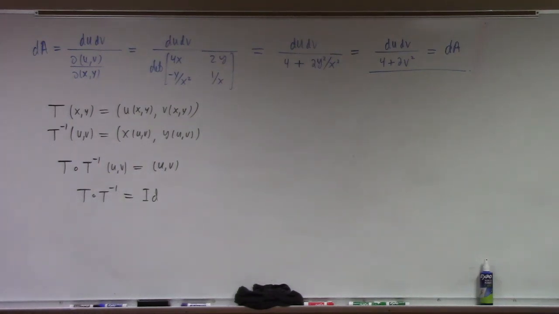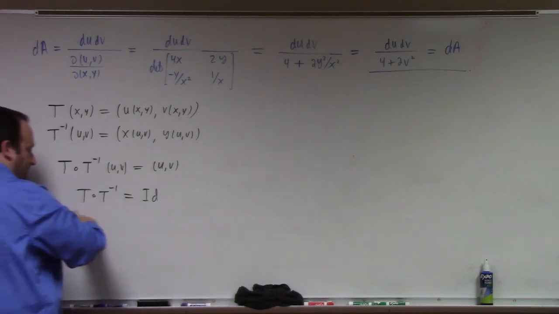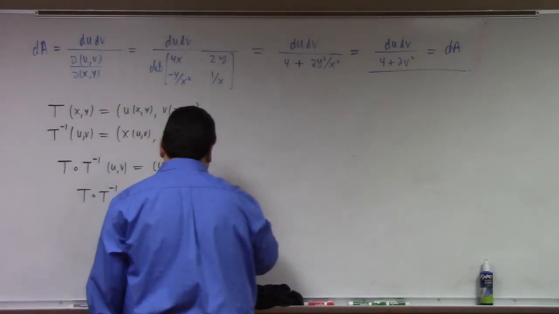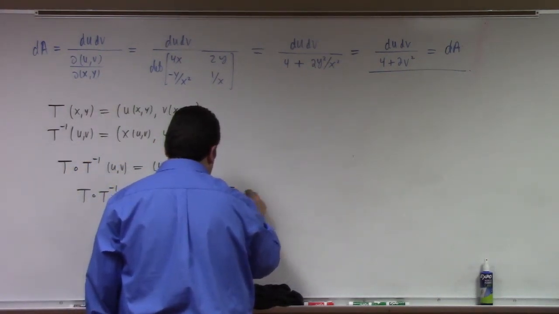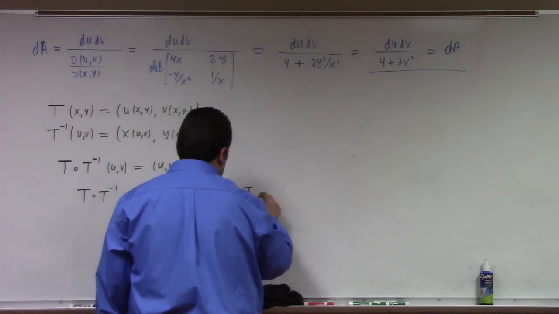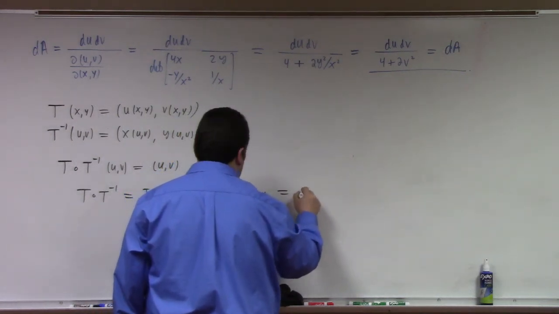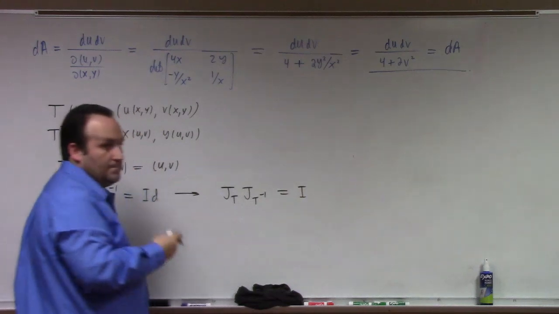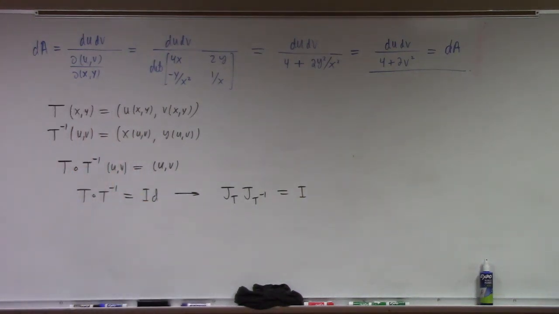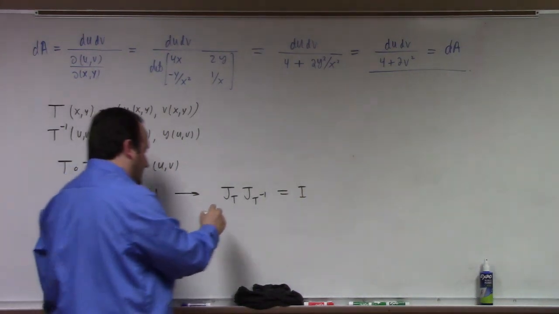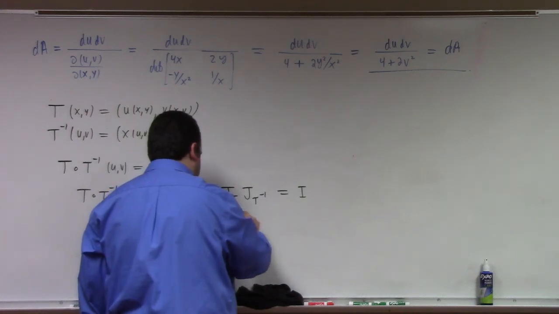If you take advanced calculus, one of the things you learn is that we can calculate the differential of this. So the Jacobian of T times the Jacobian of T inverse is equal to the identity matrix. And in linear algebra, you find out that the determinant of the product is the product of the determinants.